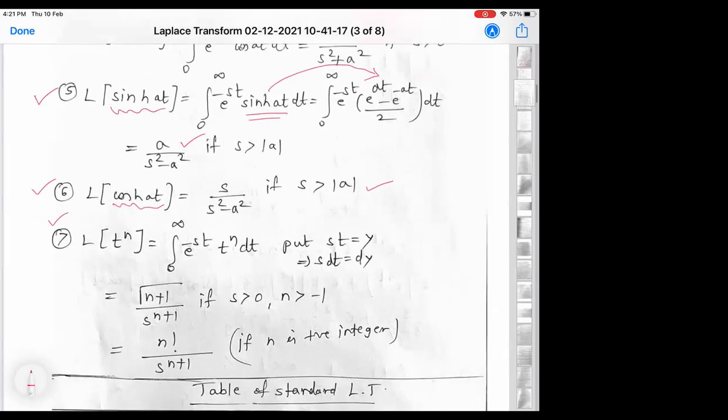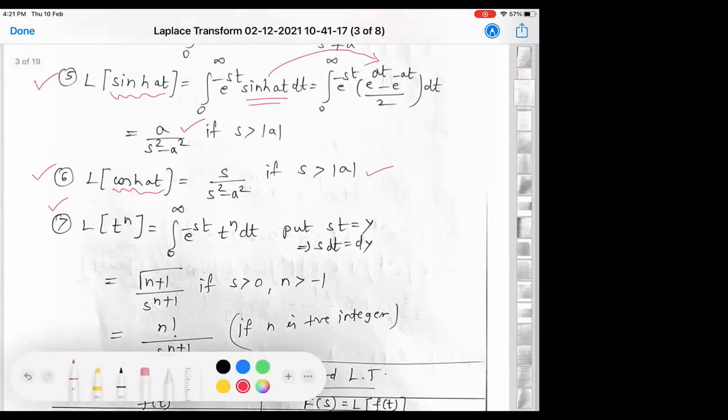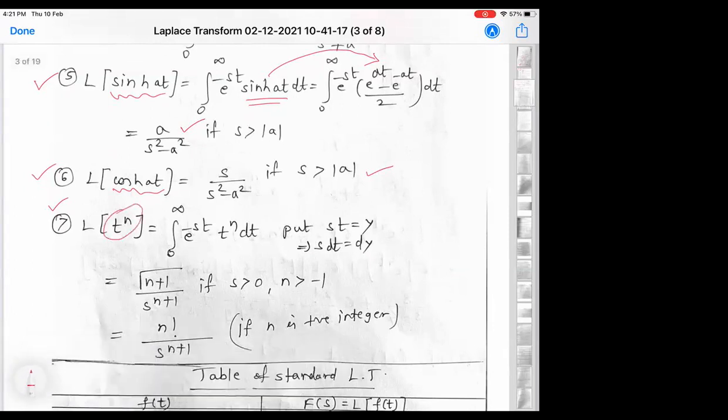The seventh result, which is shown here, is for the algebraic function. What is your algebraic function? The algebraic function is t raised to n. For t raised to n, let us find the transformed answer. By definition, again, we get the integral of e raised to minus st times t raised to n dt.